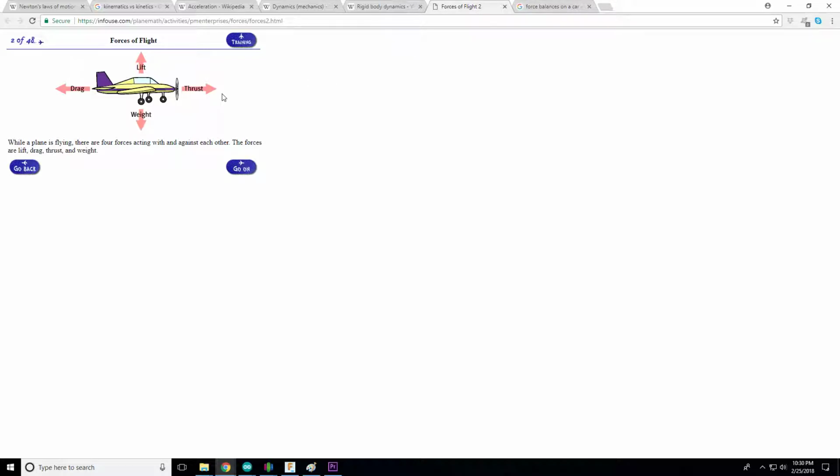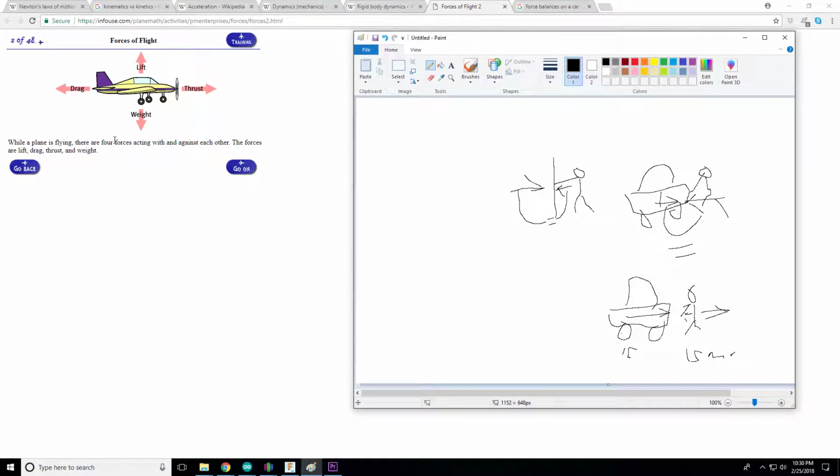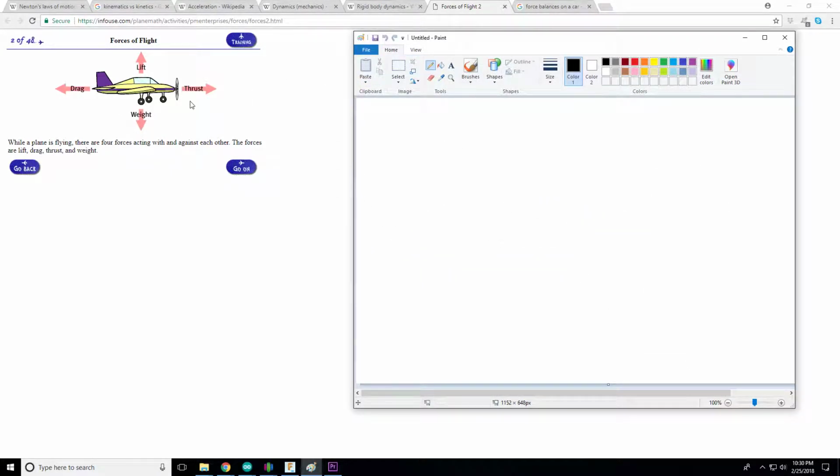Now, in the basic forces of flight, there are 4. And again, these are vector sums, just like you saw. So what we have here is lift, which is up, thrust, which is this way, weight, which is down, and drag, which is backwards. So we have this fight between each of these particular forces.